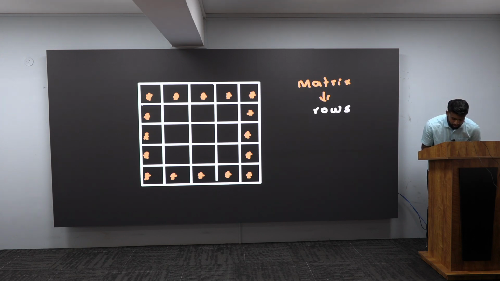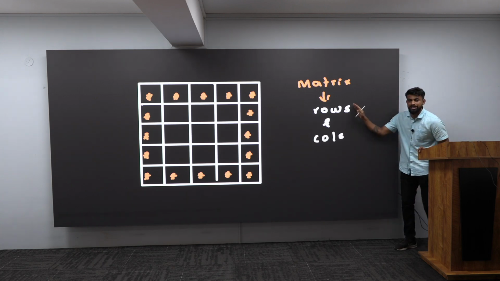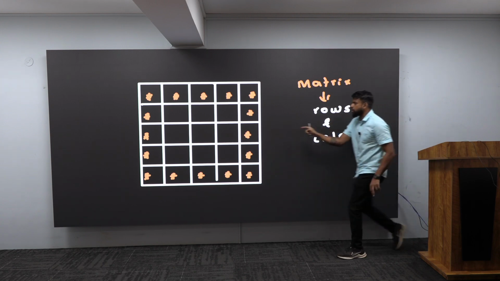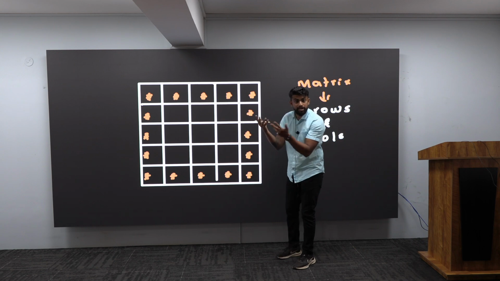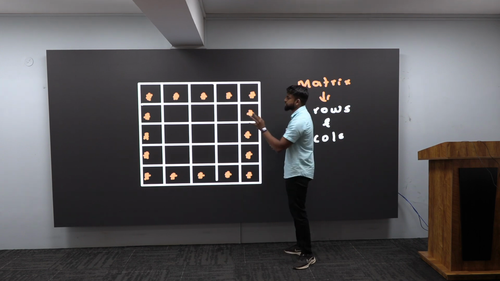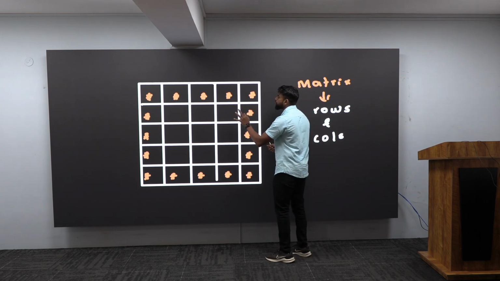Who are those? Rows and columns. Two people you are having. Then only you should call it as matrix. I am calling this fellow as matrix, means he is having rows and columns. Now question arises, how rows, how columns, sir?